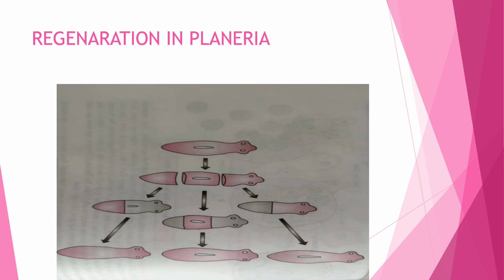When its body is broken up into three pieces, as you can see in the diagram, each piece is able to complete itself, and this way three planaria are formed from the single one. So there this is a method of reproduction or of multiplication.